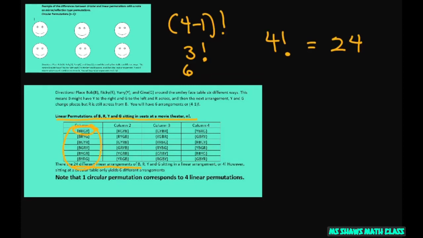So for these 6, you get 4 additional ones each, so 6 times 4 would give you 24.